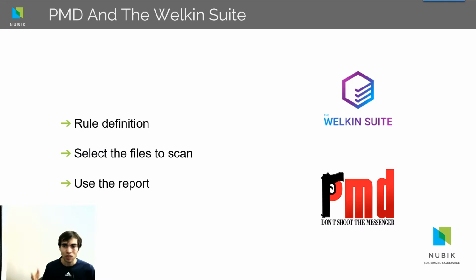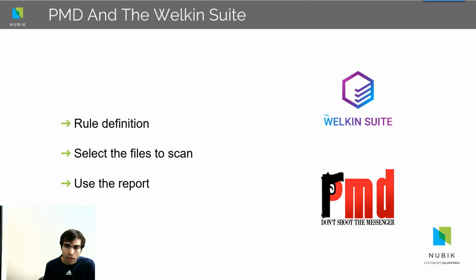Then you need to select your files. As I said, you can select, for example, the classes that you wrote, and run that feature over those classes or those triggers, or whatever you need to verify.